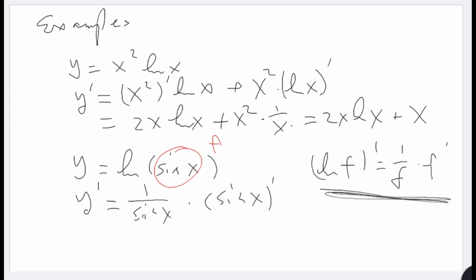No rush. Then just finish up. The derivative of sine is cosine. That'd be an answer. You can simplify it in trig. Cosine over sine is cotangent. You can have that.